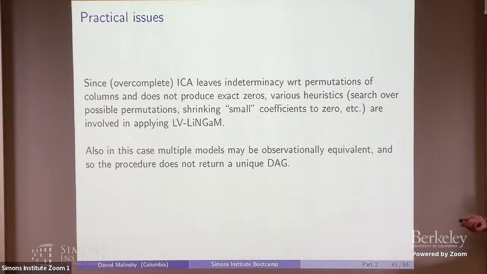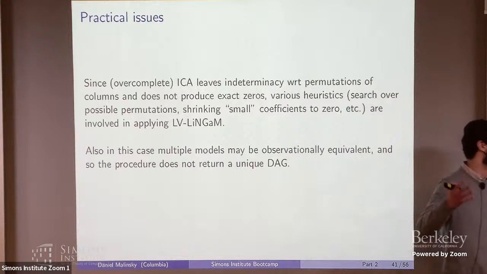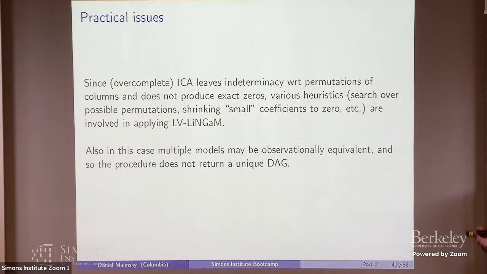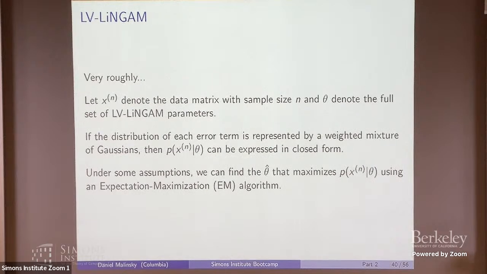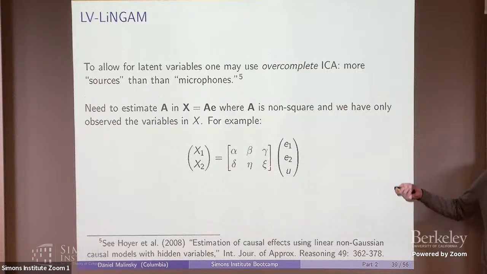It's also worth mentioning that a major pro of the LiNGAM approach in the DAG setting is the fact that you can recover a unique DAG. That part's not really true once you start allowing for latent variables, because there will be multiple observationally equivalent latent variable models with different coefficients that are consistent with your data.